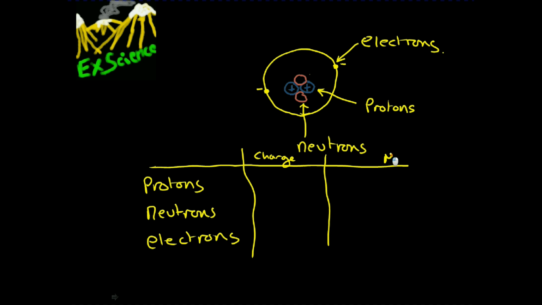Charge and mass. So protons, the charge is +1 and the mass is 1. Neutrons, the charge is 0 and the mass is 1. And electrons, the charge is -1 and the mass is 1,836th the mass of a proton. So these masses are relative to the mass of a proton.